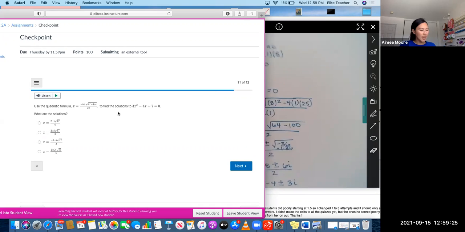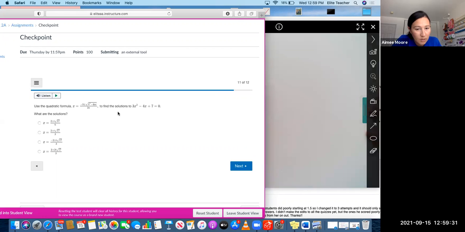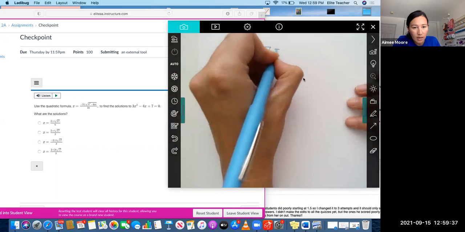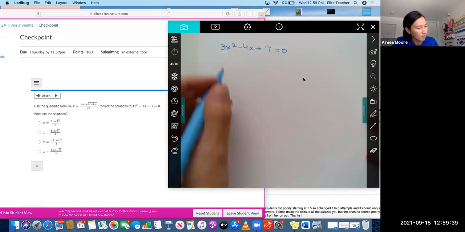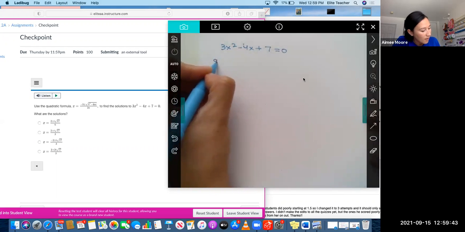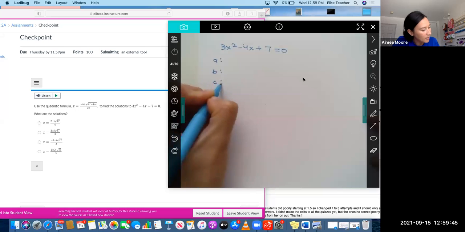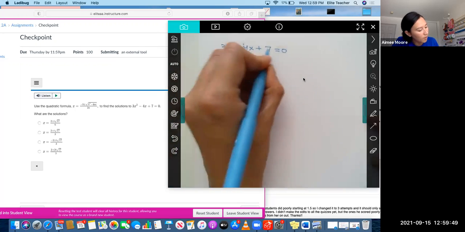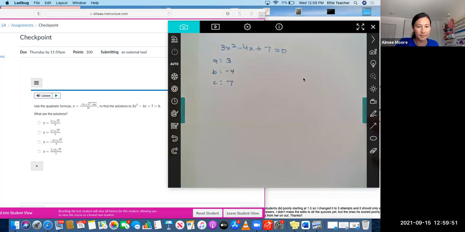Finding the solutions again. We have 3x squared minus 4x plus 7 equals 0. So we're going to plug in A, B, and C. So A is 3, B is negative 4, and C is 7.